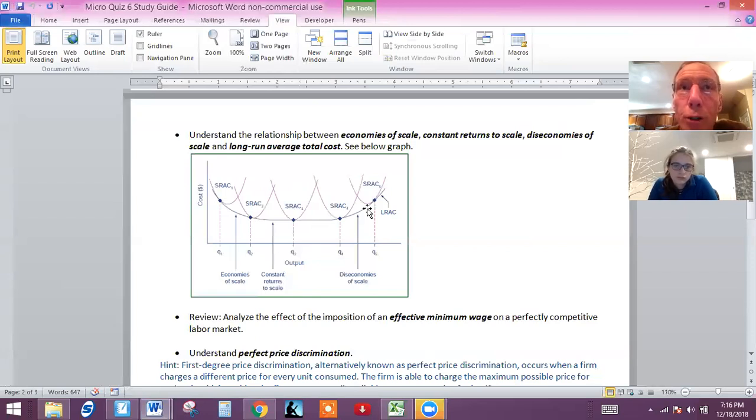Our production would do something less than double, right? We would get less return than we put in. Okay, and that's called diseconomies of scale, and that's the portion where your long run average cost curve is actually upward sloping. As you produce more, the average cost goes up.